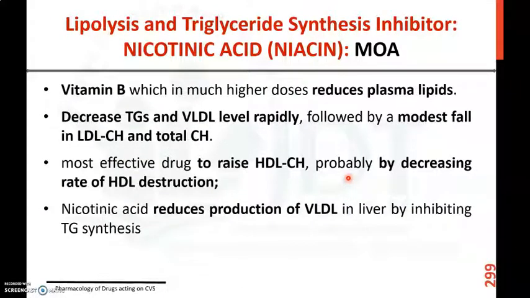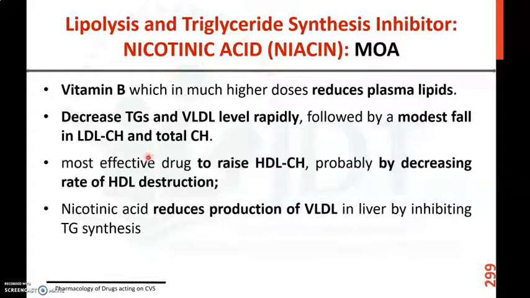Now coming to the lipolysis and triglyceride synthesis inhibitors like nicotinic acid. As we know, nicotinic acid is a vitamin B complex which in much higher doses will reduce the plasma lipids. So it will decrease the triglyceride as well as very low density lipoprotein very rapidly, followed by a modest fall in low density lipoprotein cholesterol and total cholesterol.